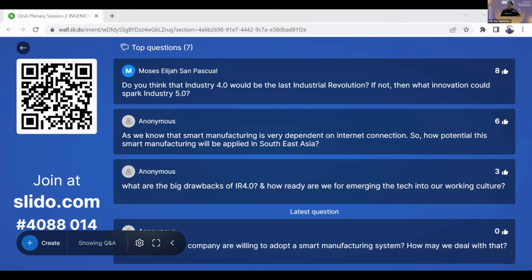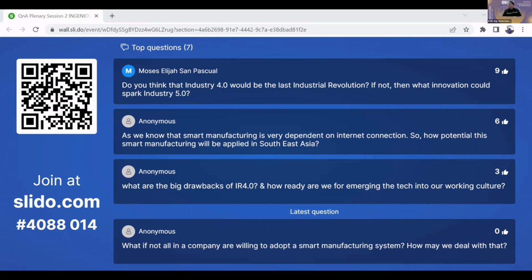To answer that question, if you want to jump to Industry 4.0 technology, it's necessary to have internet connectivity, but you have to analyze your current system, whether it's necessary to jump directly to smart manufacturing. Either you can just simplify some elements to be smart enough, but not the total system depending on the Internet of Things or internet connection.